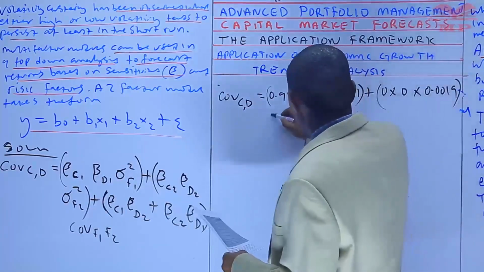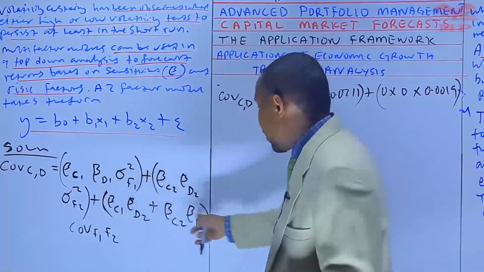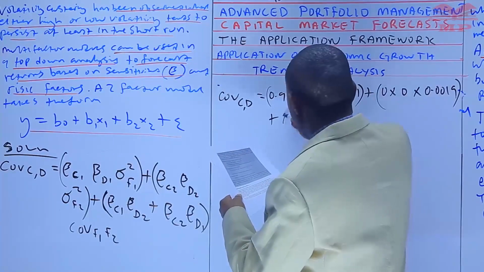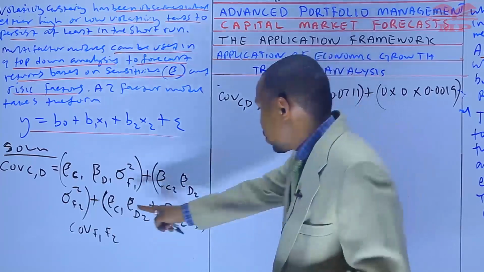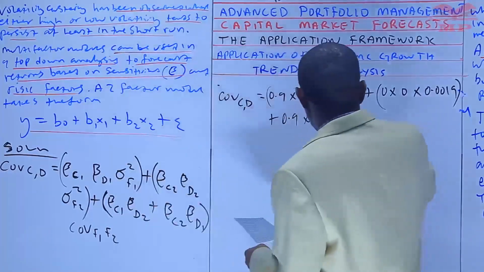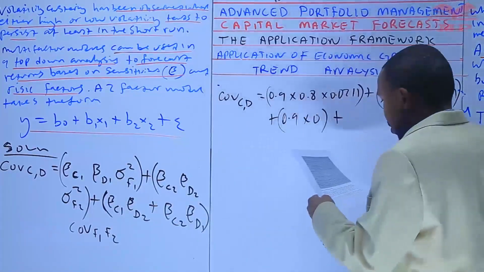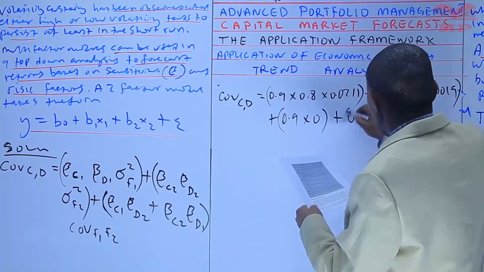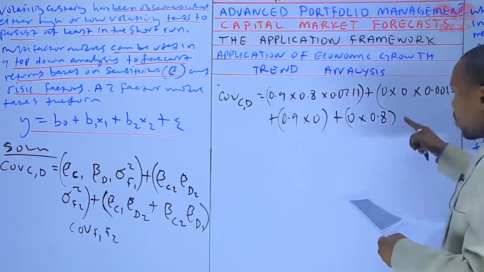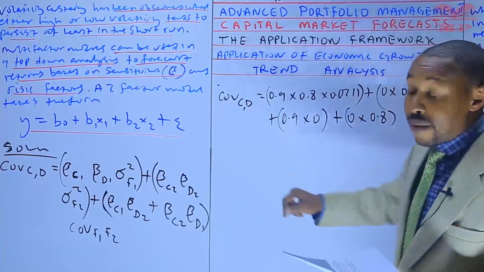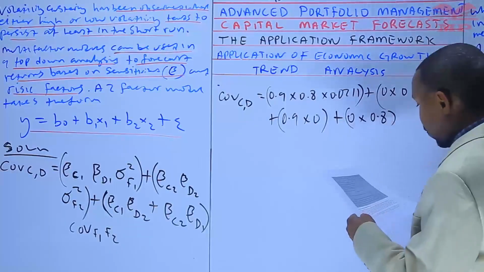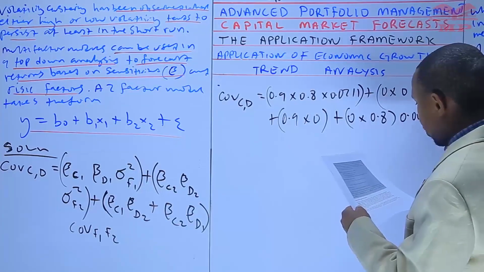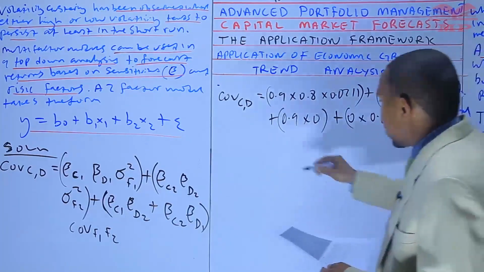And then we are adding this part over here: 0.9 times 0, plus 0 times 0.8. And then we multiply by the covariance of factor 1 and factor 2, which from the table is given to us as 0.0015. So how much do we get?